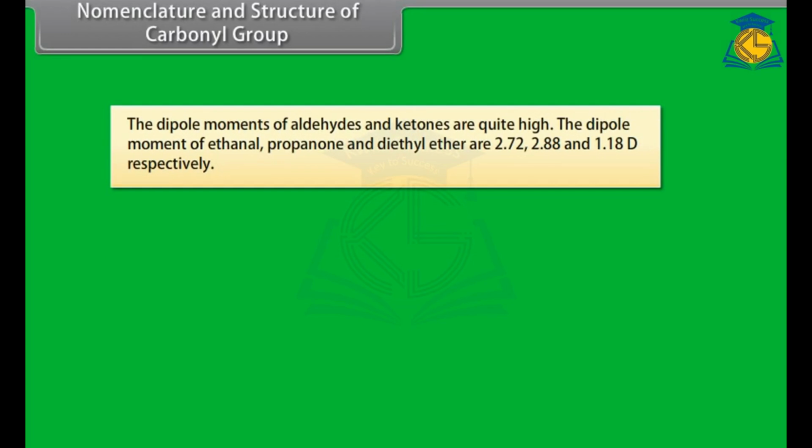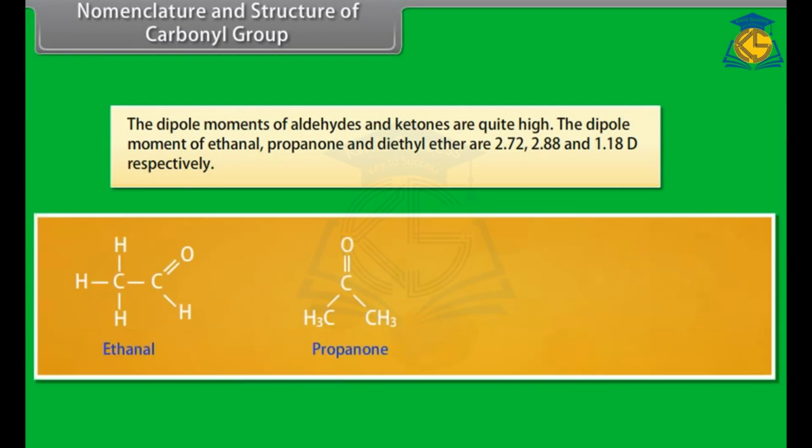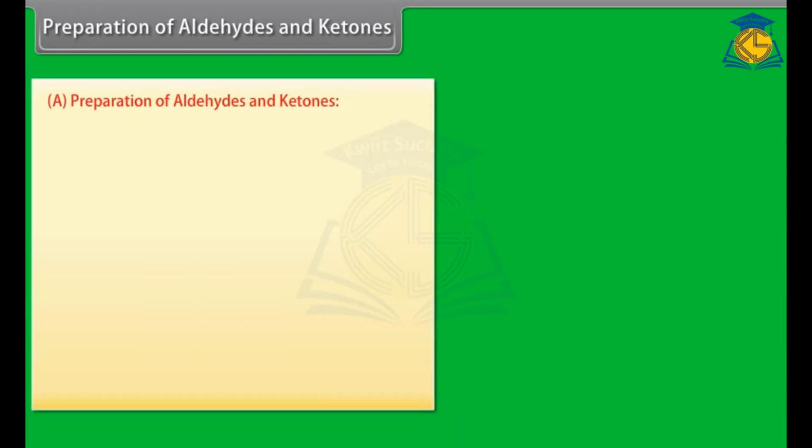The dipole moments of aldehydes and ketones are quite high. The dipole moment of ethanal, propanone and diethyl ether are 2.72, 2.88 and 1.18 debye respectively. Preparation of aldehydes and ketones. By oxidation of alcohols.